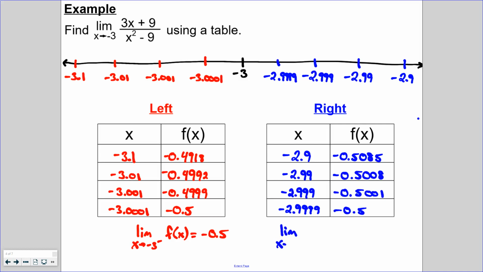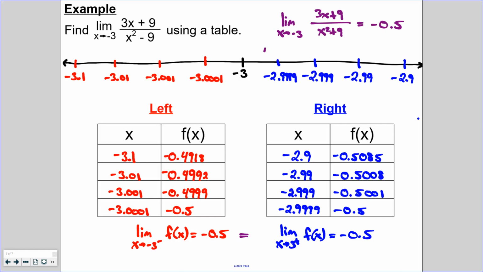So therefore, the limit as x approaches negative 3 from the right of f of x is going to be negative 0.5. And now, just like the previous example, the limit from the left does equal the limit from the right. So huzzah, we are good to go. So therefore, the limit as x approaches negative 3 of 3x plus 9 all over x squared minus 9 is going to equal negative 0.5. Boom. Done. Solved.